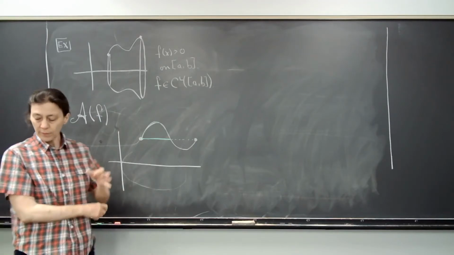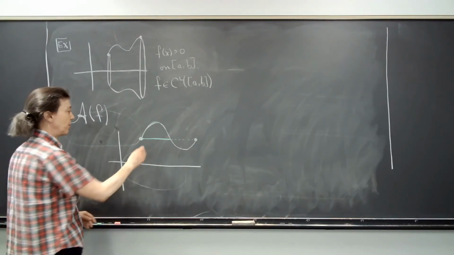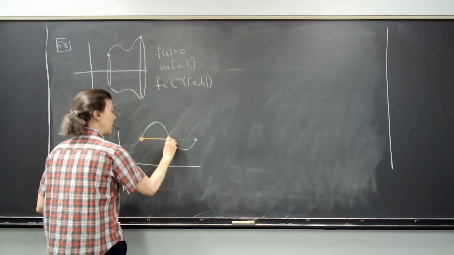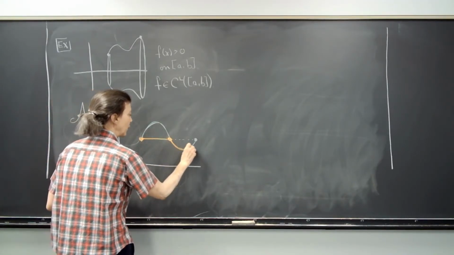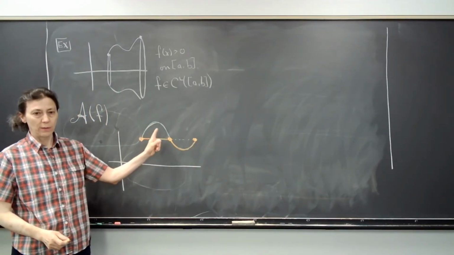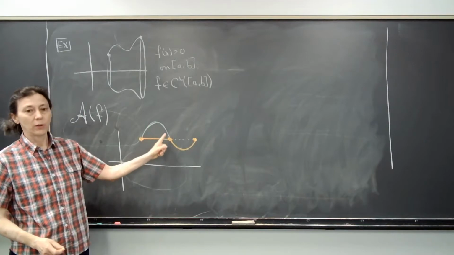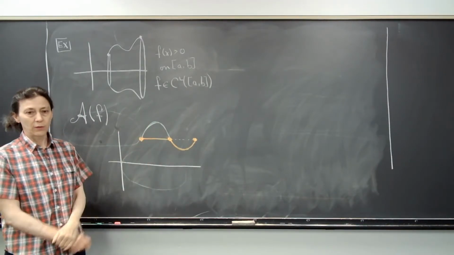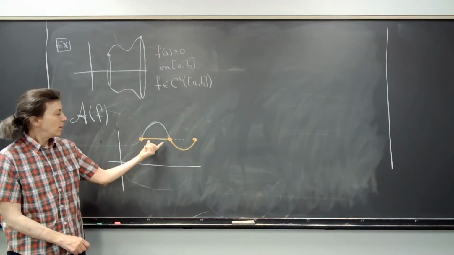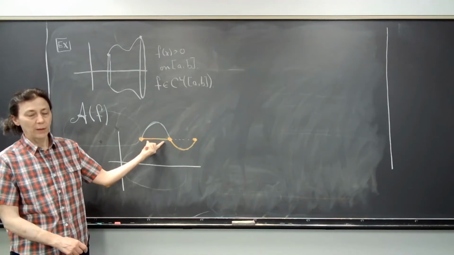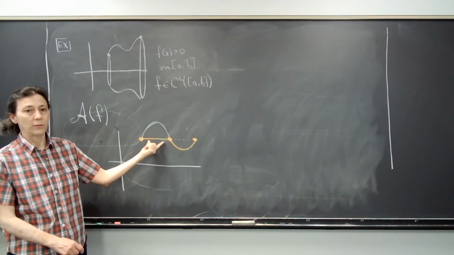Okay, but now notice, if the curve bulges above the horizontal, then it's certainly not going to be a minimizer, because the surface area generated by replacing it by this line segment is smaller.